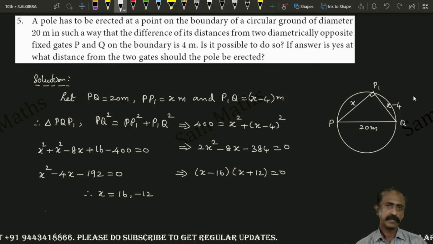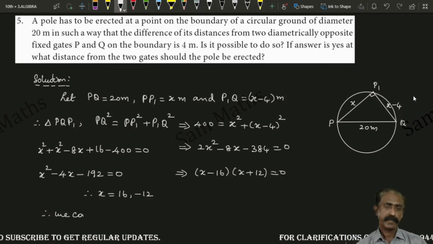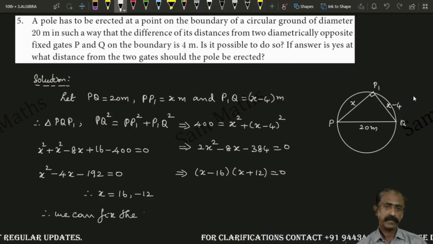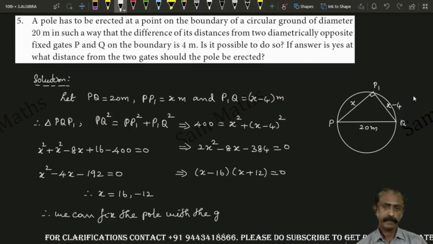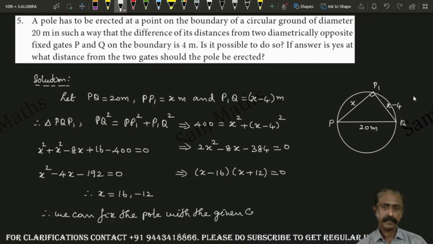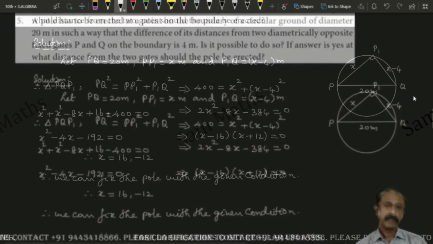Therefore, we can fix the pole with the given condition. Clear, children?